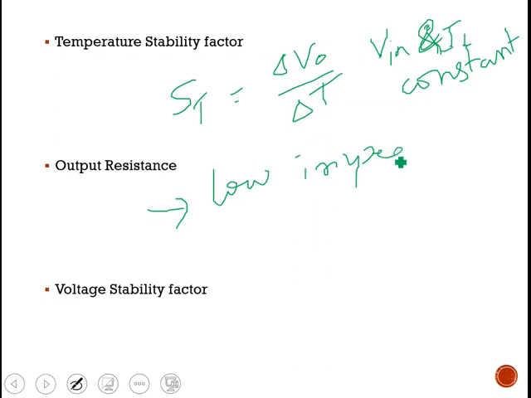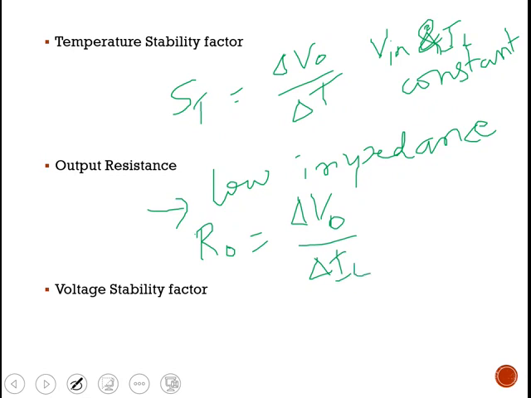So this voltage regulator output impedance can be written as R0 equal to change in the output voltage to the change in the load current, when you keep input and temperature constant. The variation of your output voltage with respect to the load current gives you the output resistance.